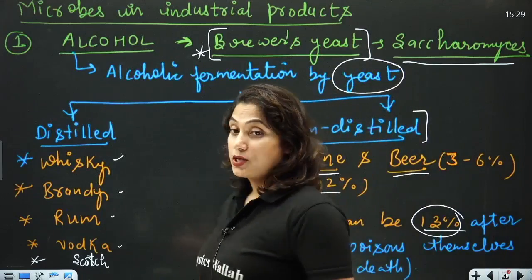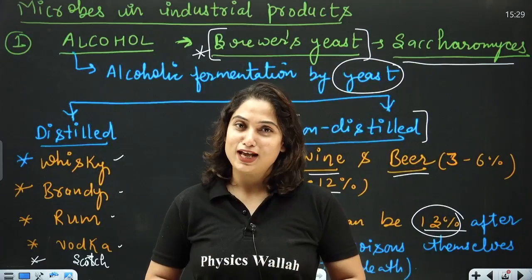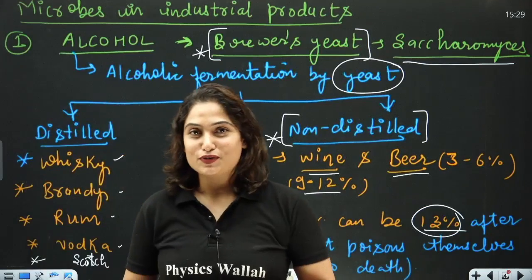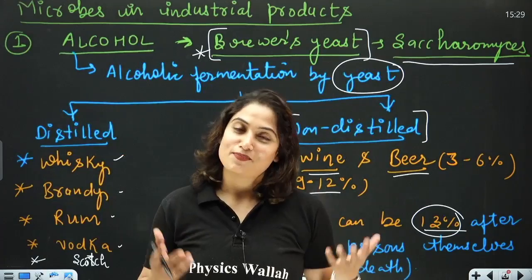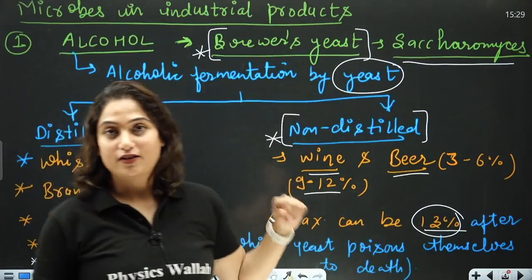Now microbes. Up till now, we have understood how microbes are useful in the household products. Now let's discuss how microbes are useful in the industrial products. So the first industry is the alcohol industry, right?